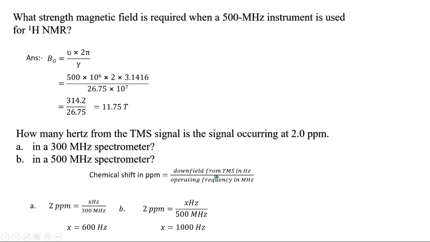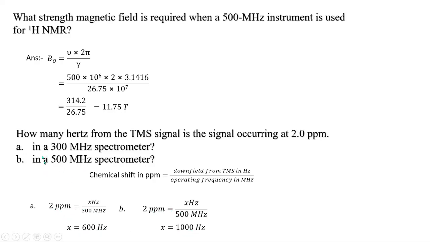Now you have to calculate the shift from TMS in hertz, which is asked in the question. We take it as x hertz. The operating frequency is 300 megahertz in question A and 500 megahertz in question B. If you calculate, x is 600 hertz for the first and 1000 hertz for the second.